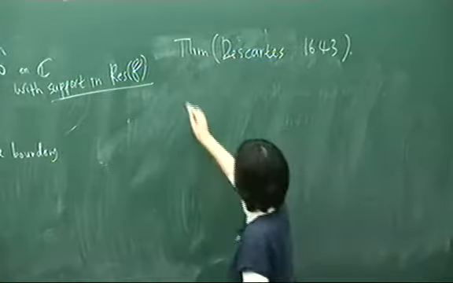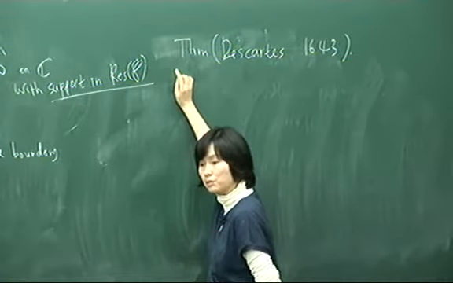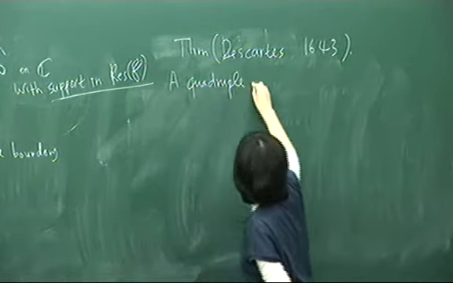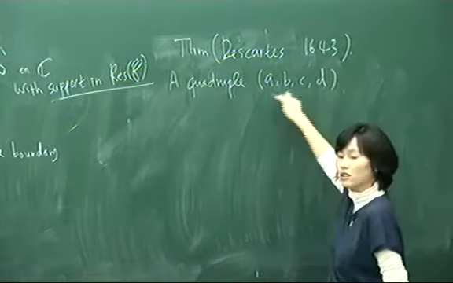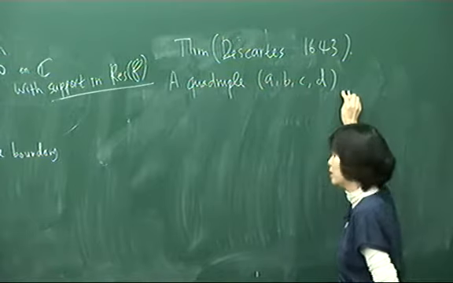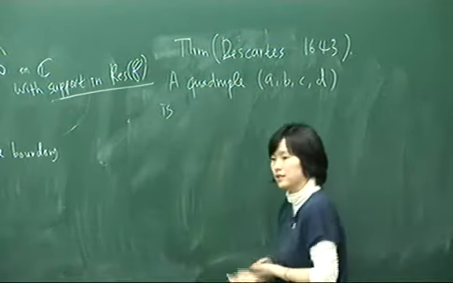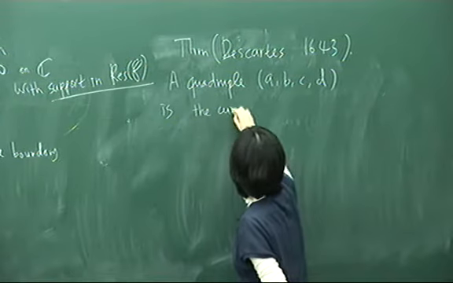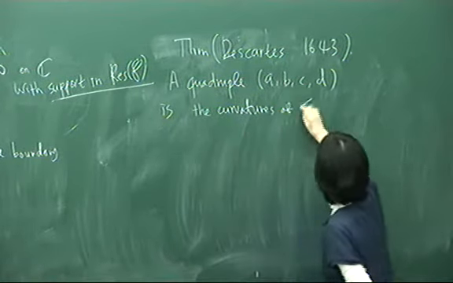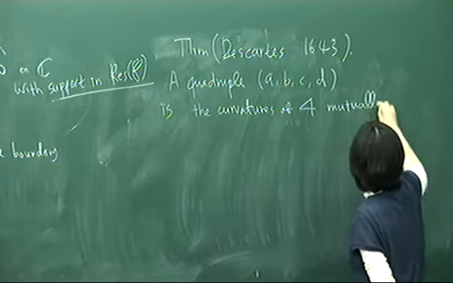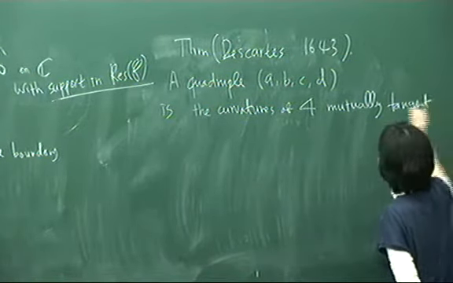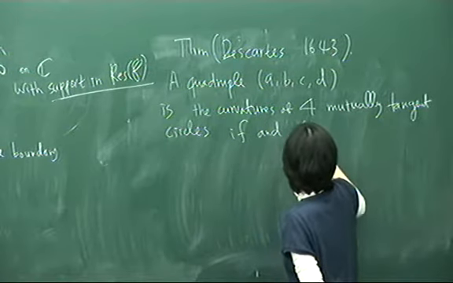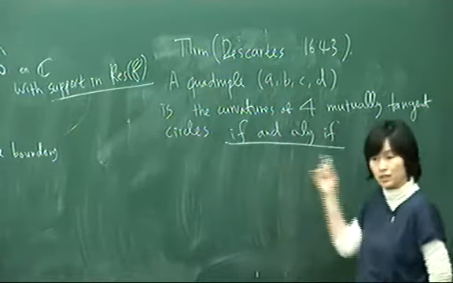Okay? And this is a beautiful theorem. So for any quadruple of real numbers A, B, C, D, this can arise as the curvatures of 4 mutually tangent circles if and only if it satisfies a certain quadratic equation.